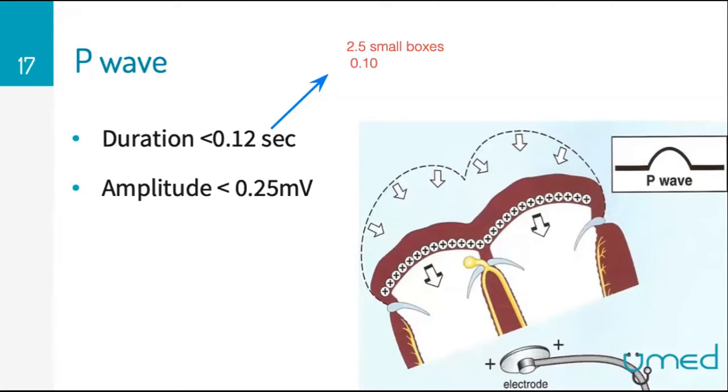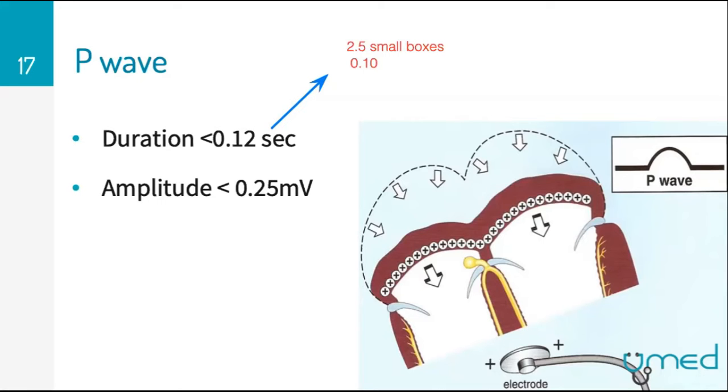In your lecture you probably see something like 0.05 to 0.10 seconds, or 0.06 to 0.10 seconds. The ranges vary. What they told me in emergency medicine was to just remember it as less than 0.12 seconds, and you can't go wrong. So that's why I put it like that.